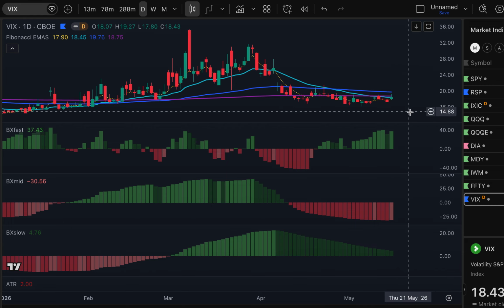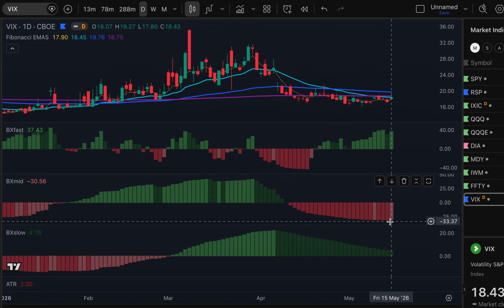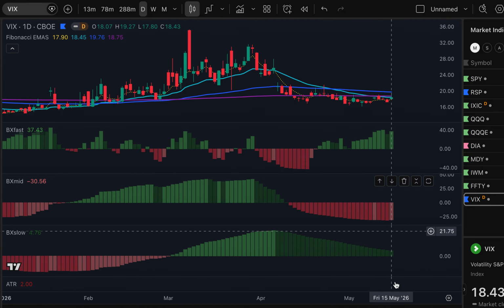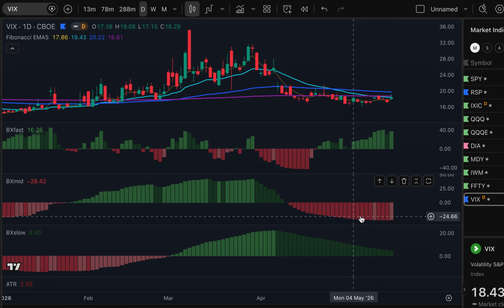And we can look at the BX indicators on this VIX. We can see the BX mid did flip from dark red to light red, which means that midterm momentum is possibly starting to rise. We want to see this when it's in the dark red. This is better for trading.